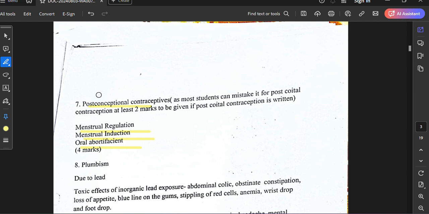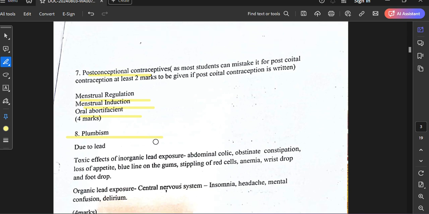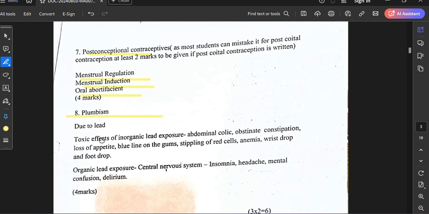Then comes what is plumbism. Plumbism is a medical condition due to lead poison. The toxic effects of inorganic lead exposure are abdominal colic, obstinate constipation, that is constipation not associated with your diet. The constipation is so obstinate that the patient has great difficulty passing feces.